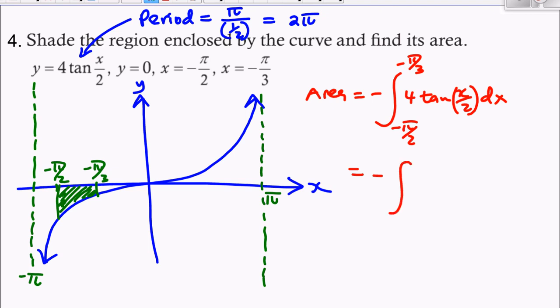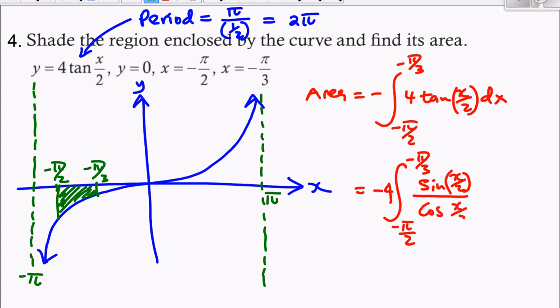You know that from trigonometry we can write tan x as sine over cosine. So I'll actually write the 4 outside the bracket, that way I can just focus on whatever is happening here. So sine x over 2 over cosine x over 2 with respect to x.